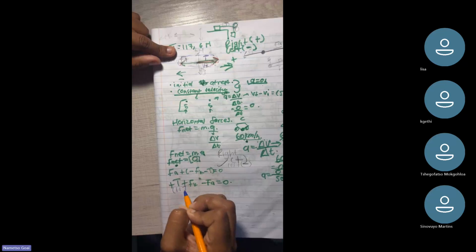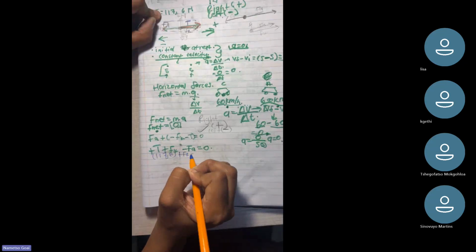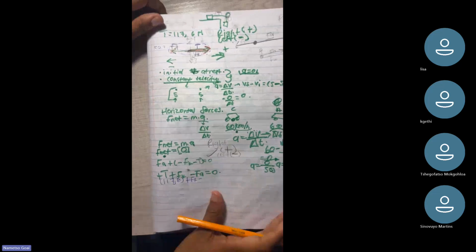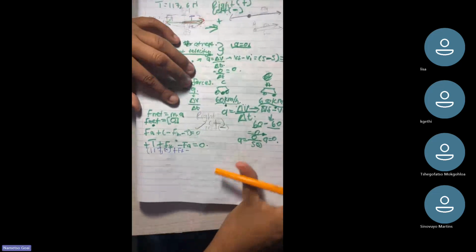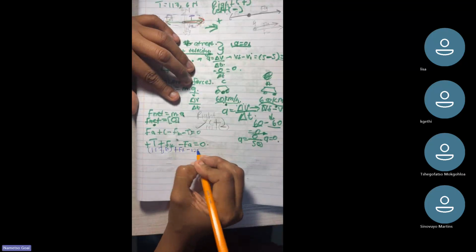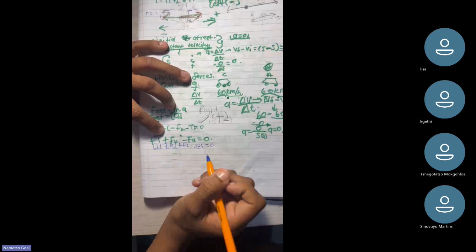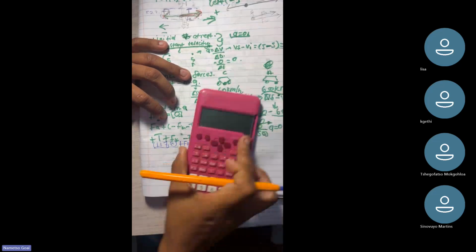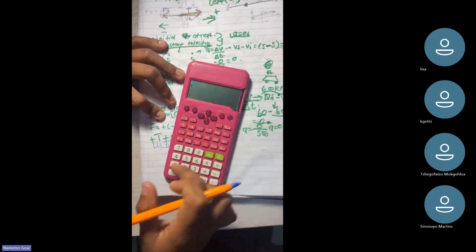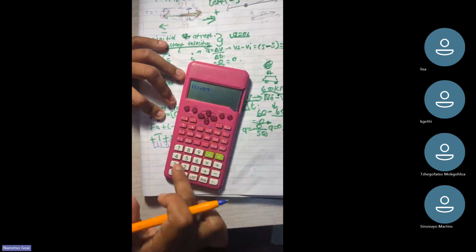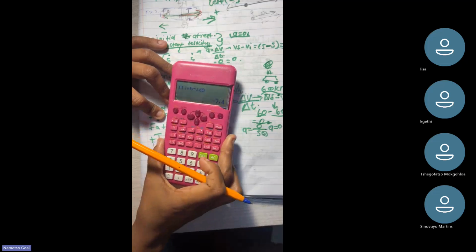So it's 117,6 plus FK minus, what is our force applied? 125, right? 125 equals to 0. These things, they're both constants. So we can just say 117,6 minus 125, which is going to give us negative 7,4.